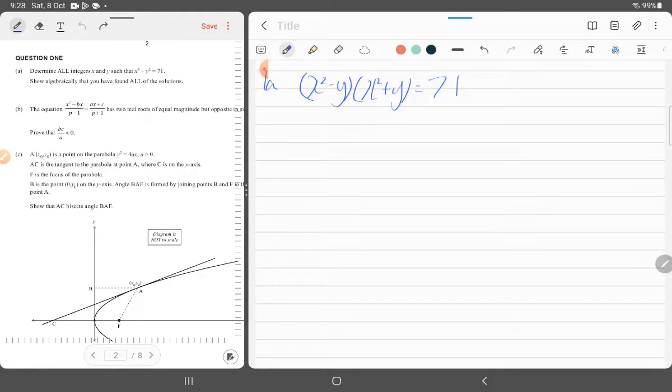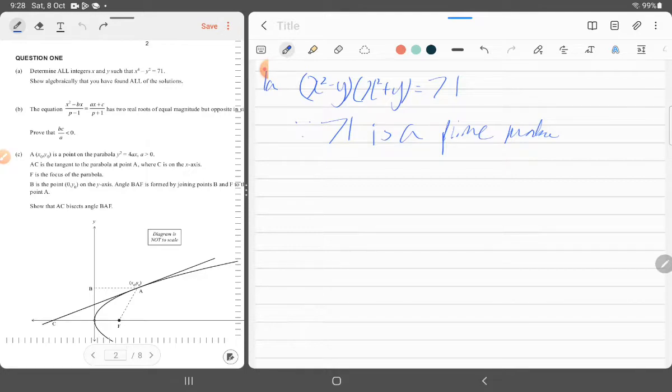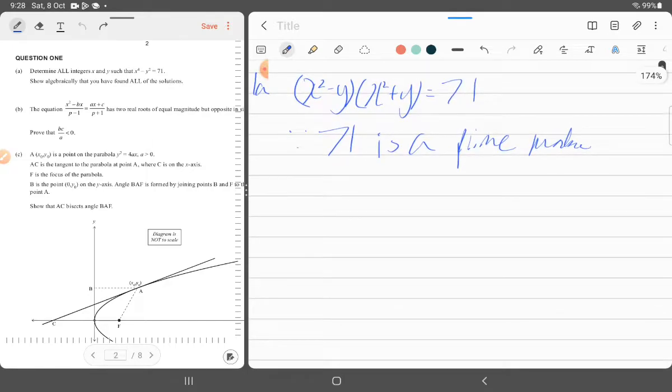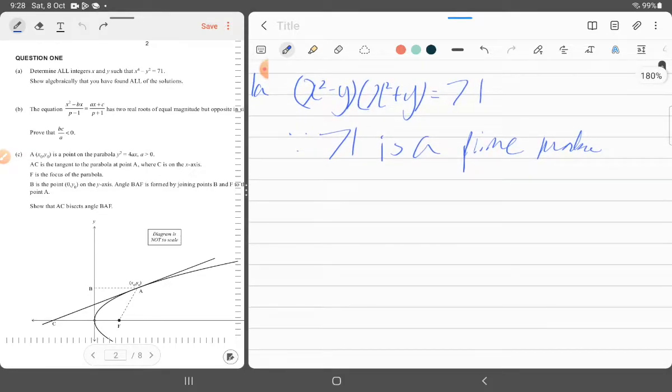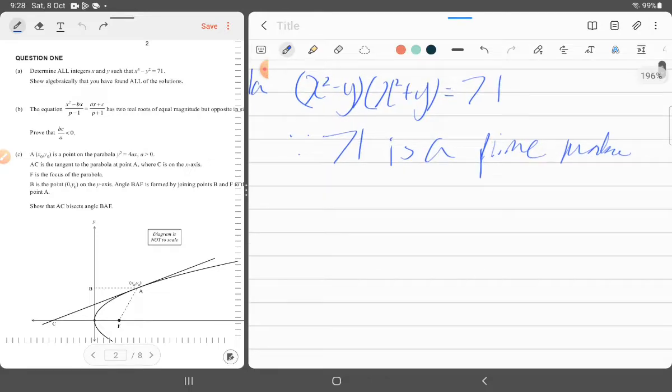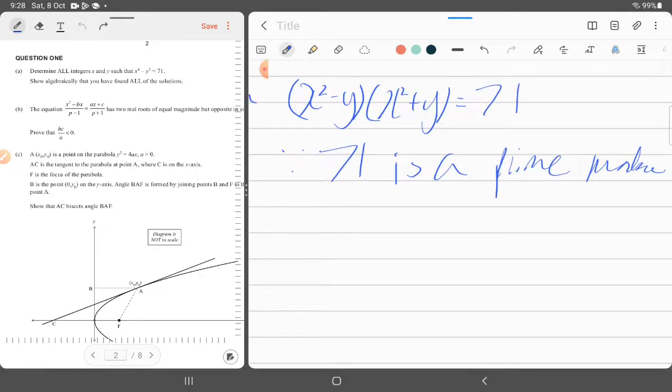Then because 71 is a prime number, this will be plus minus 71, and this will be plus minus 1, or vice versa.